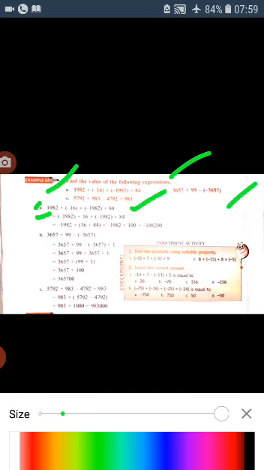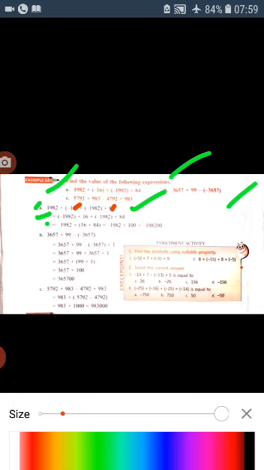So second, what is common? 1982 is common. I can take out minus 1982 as common, into 16 plus 84.